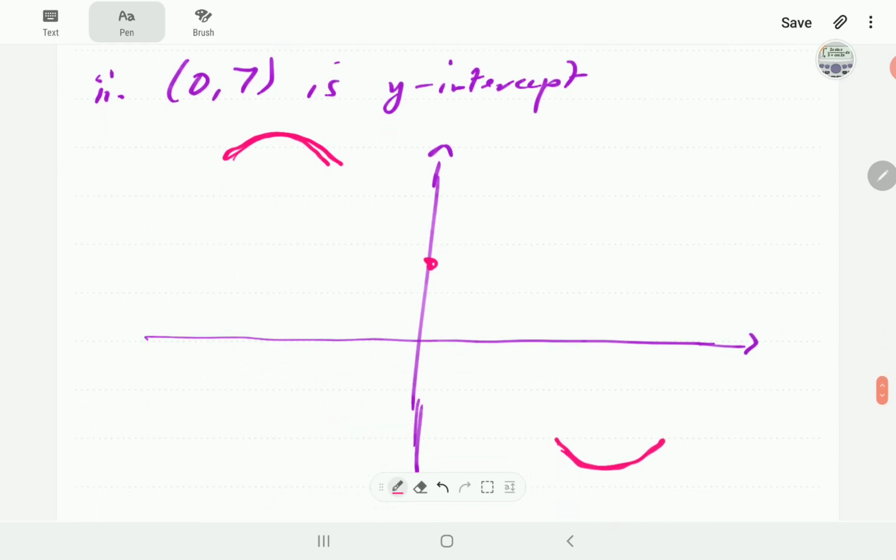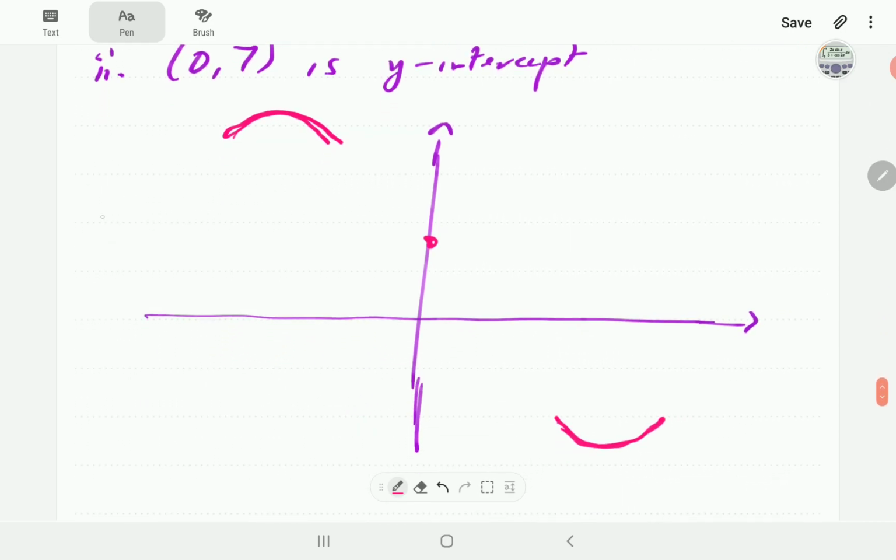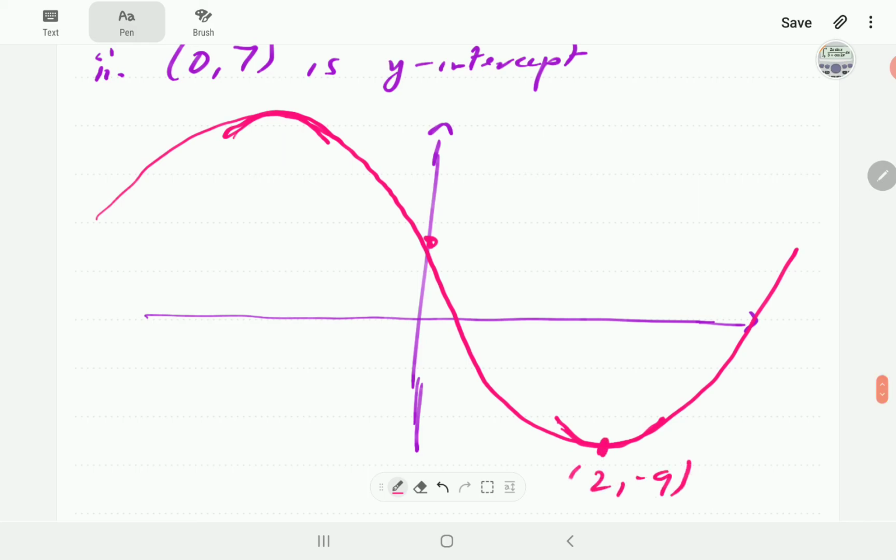Okay, so these three suggest that the graph must look something like that in general. Okay, this is 2, -9. This is 0, 7. This is -2, 23.